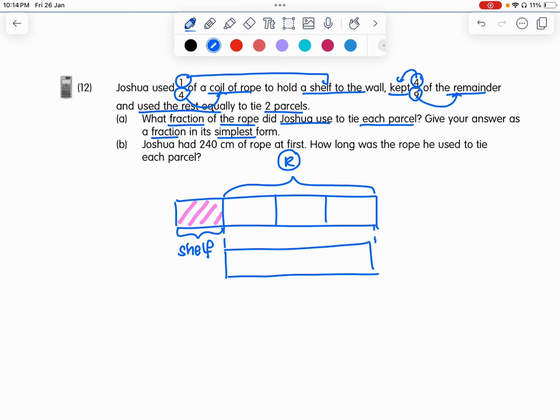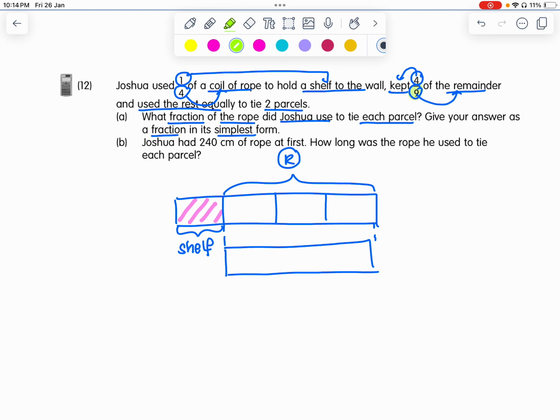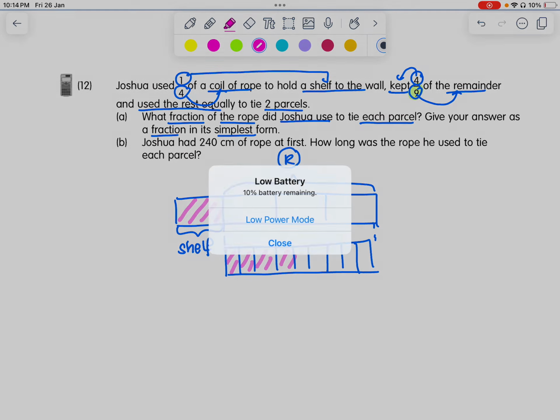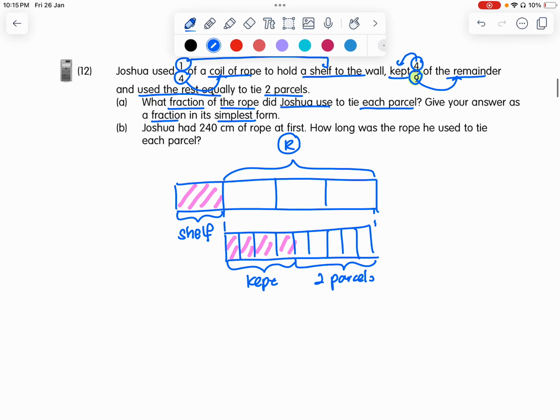They mentioned that the remainder is 9 units here, so I'm going to subdivide this into 9 units. Out of the 9 units, 4 units were kept, and the rest was used to tie 2 parcels.